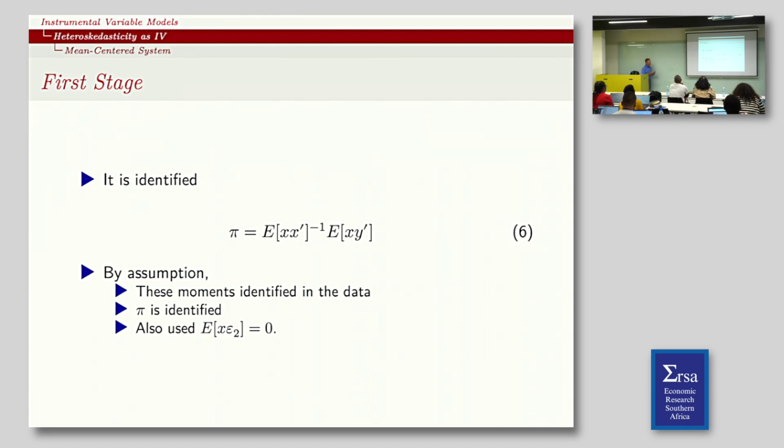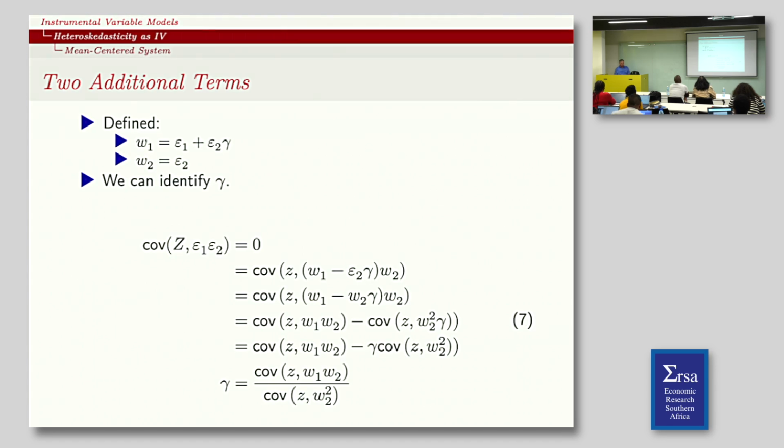It comes out as standard ordinary least squares. So these two moments are identified by assumption, and because those two are identified and they're finite, the pi term, which is the parameters, are there, and the x's are uncorrelated with the error term, which also allows that pi to be unbiased. Okay, so that's the easy bit.